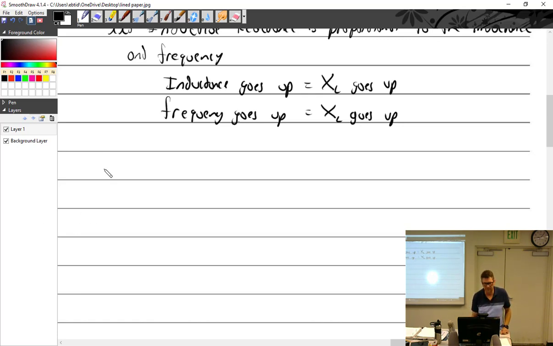So the formula for figuring this out is, I just said it like 3 times, X of L equals 2 pi FL. Where X of L equals what? That's right, inductive reactance. Very good.